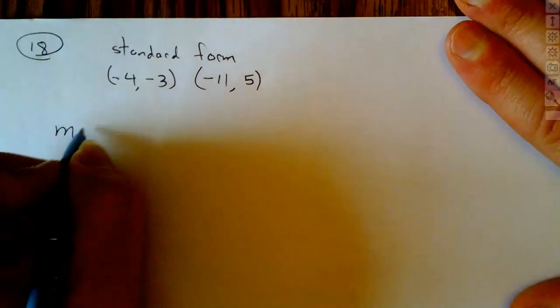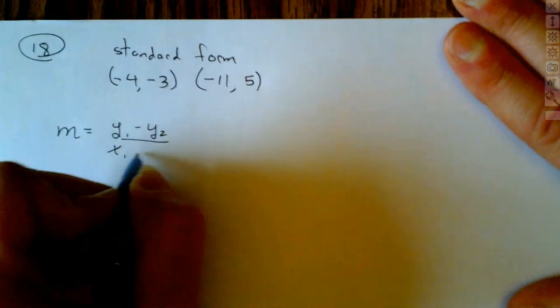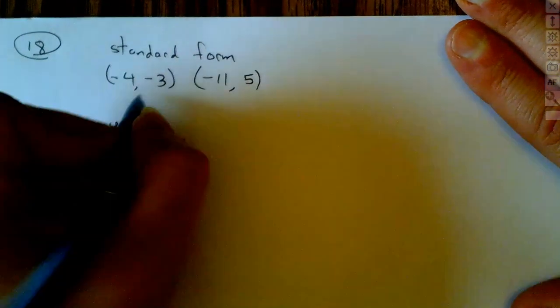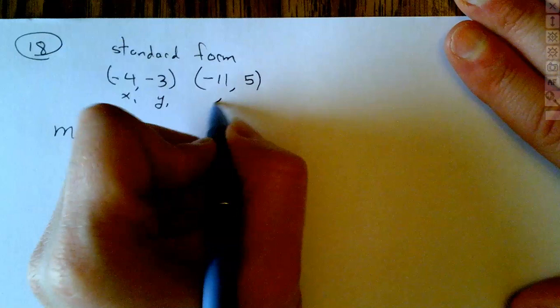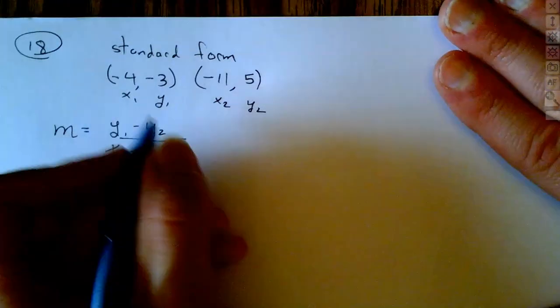And we begin by finding our slope. So y1 minus y2 over x1 minus x2, x1, y1, x2, y2. Fill it in. Watch for double negatives.